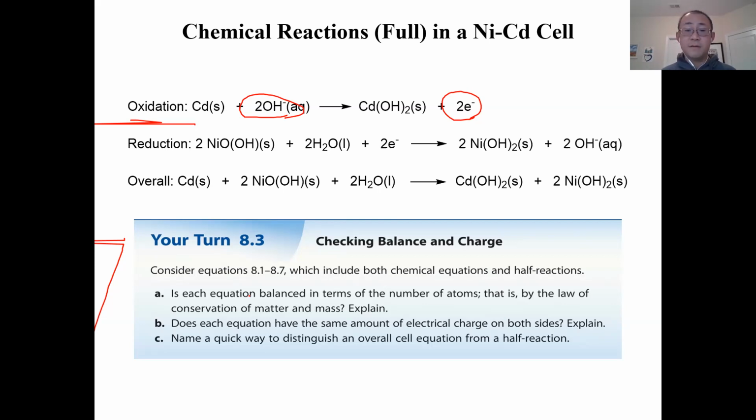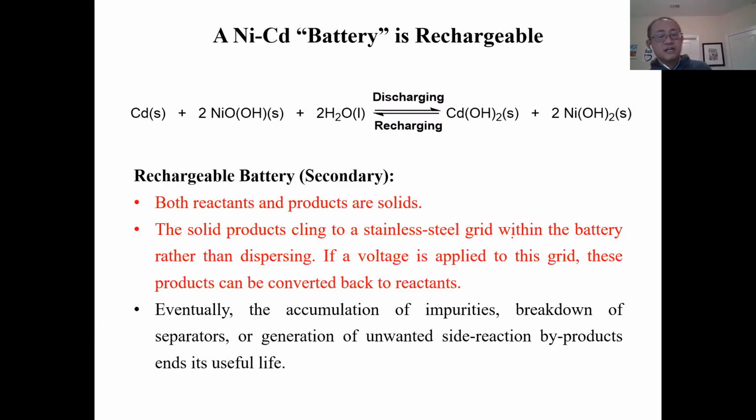Not only do you need to balance the mass, but also the charge. And also, if I give you a reaction in this chapter, how can you distinguish between a half reaction and an overall reaction? So here is some practice for you to think about using the full reactions inside a nickel cadmium cell.